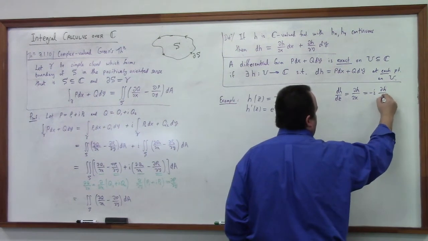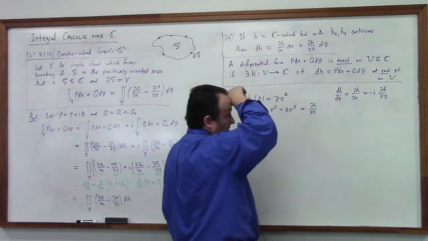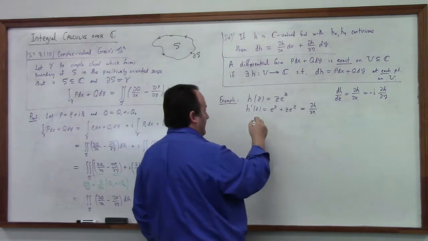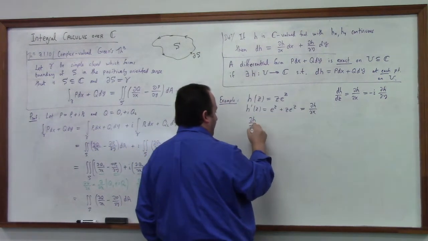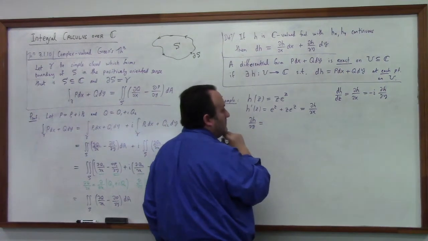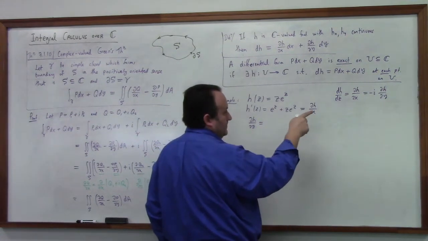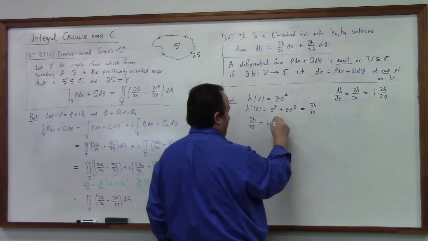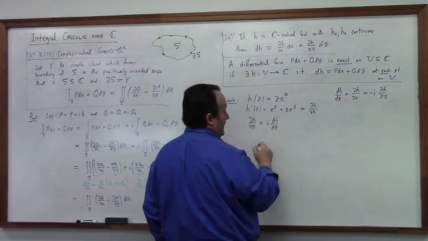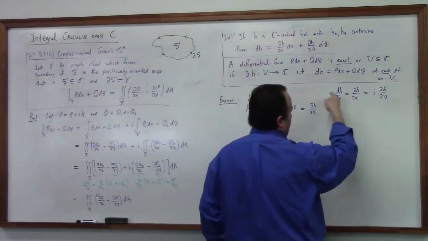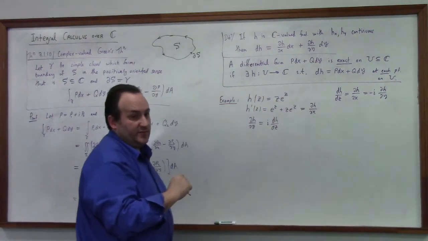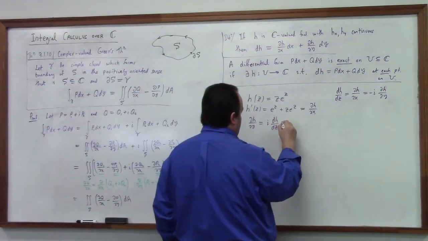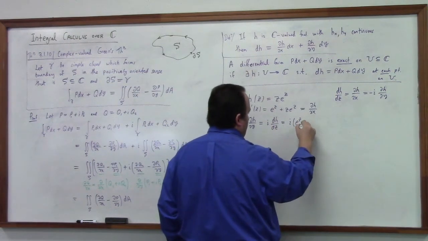Using h here. So let's see here. What would partial h partial y be? Partial h partial y would be i times dh dz, right? So if I multiply this by i I get minus i squared, which is 1 on the other side, and I get i dh dz, but that's i times e to the z plus z e to the z.